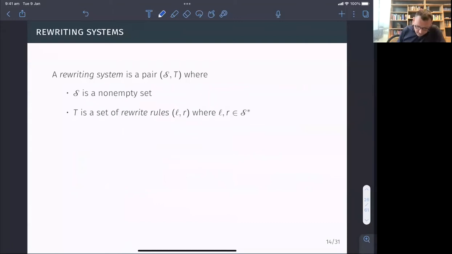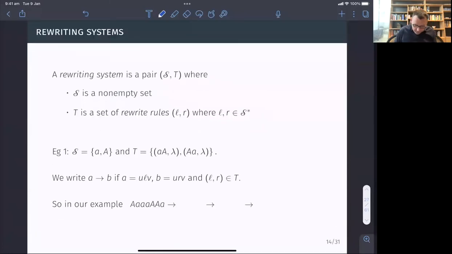So a rewriting system is a pair of an alphabet and rewrite rules, where left goes to right. The rules are just strings over the alphabet. The idea is that anytime you have a factor L, you can replace it by R. So if this was the alphabet and this was the set of rewrite rules, whenever I have a little a next to a big A, I can replace it by the empty word.